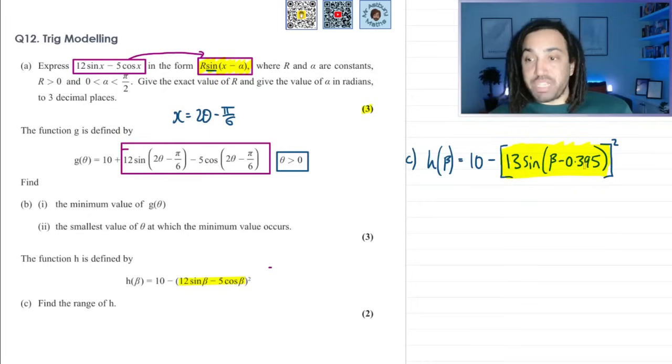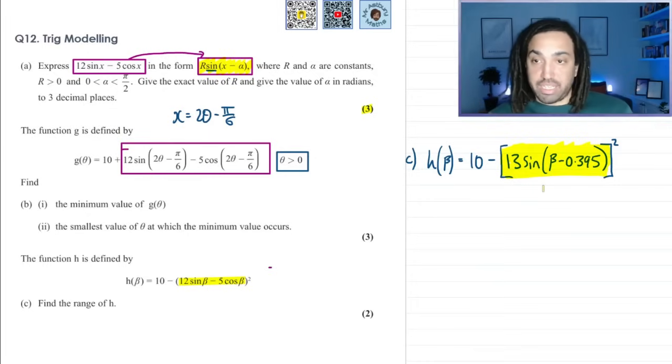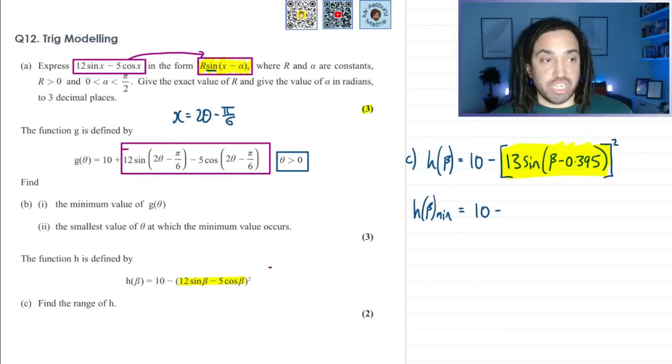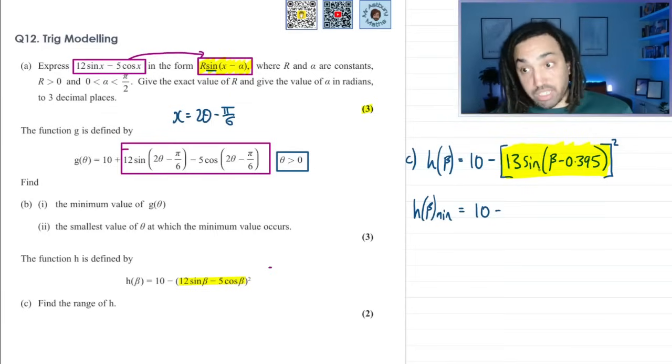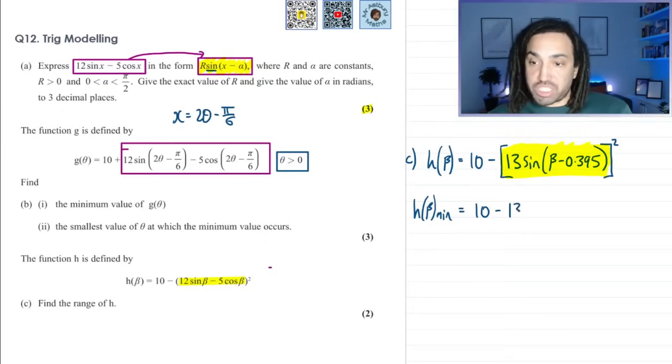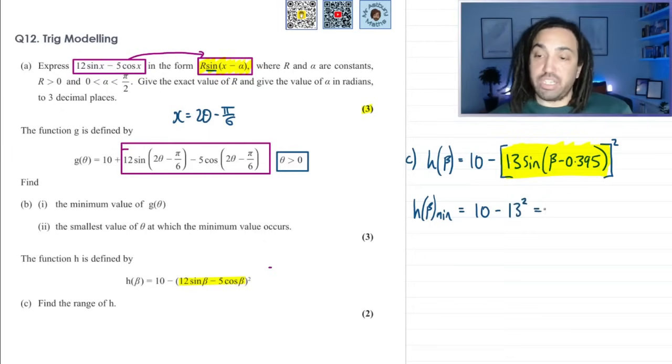That's going to give me my minimum. So H minimum is equal to 10 minus, and the largest this yellow bit can be is when sine is 1, and then you just get 13 squared, which is equal to 169. So 10 minus 169 is minus 159.